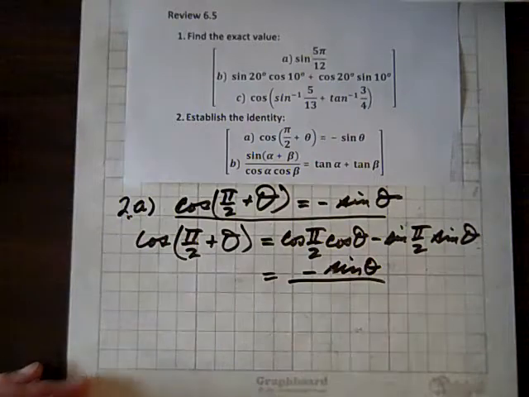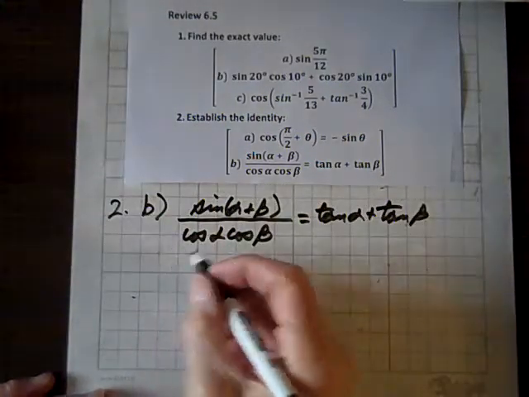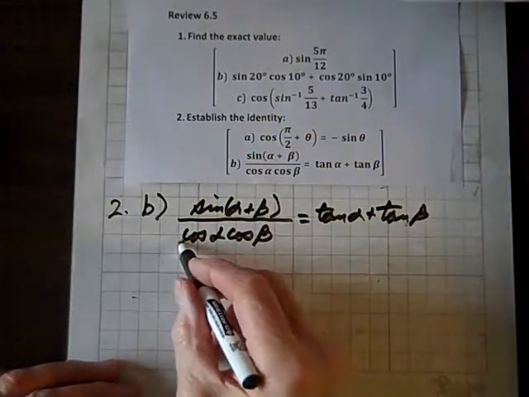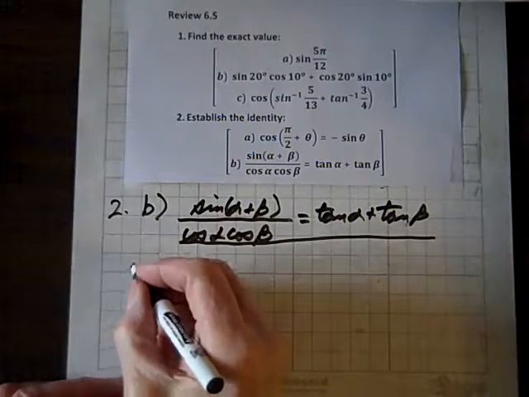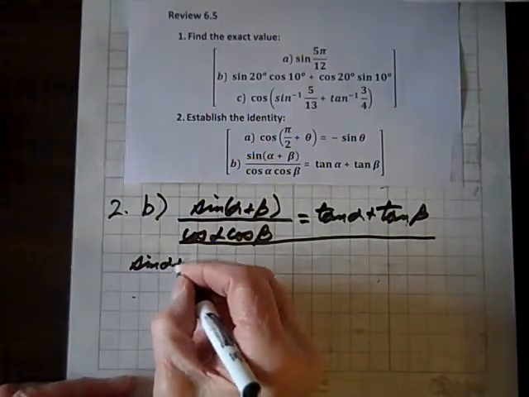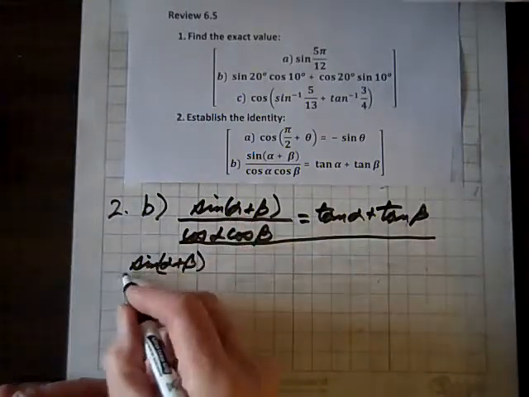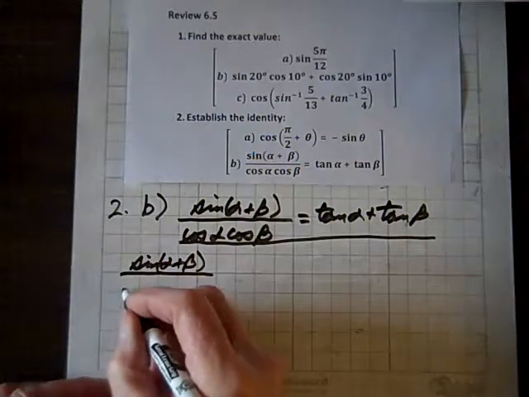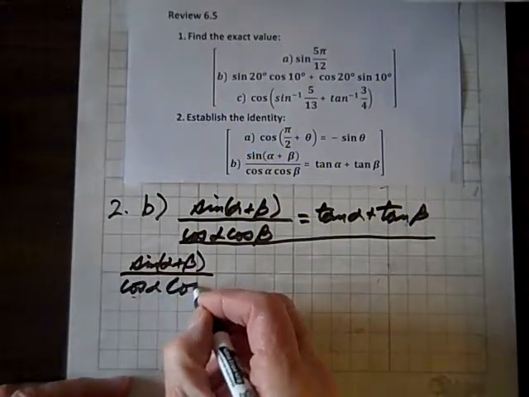We established the identity. Well, now we're doing 2b, and we have another identity we have to establish. So let's start with the left side. So we've got sine alpha plus beta over cosine of alpha, cosine of beta. You always have to write it down just as it's written. No shortcuts.